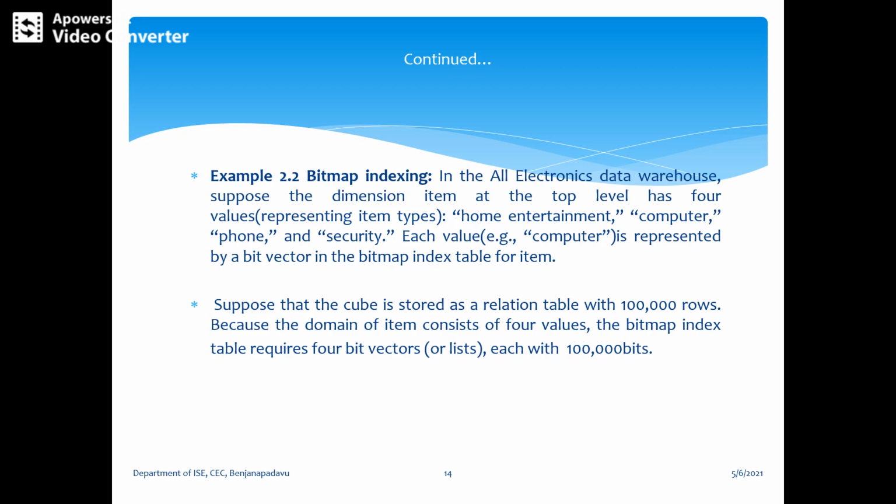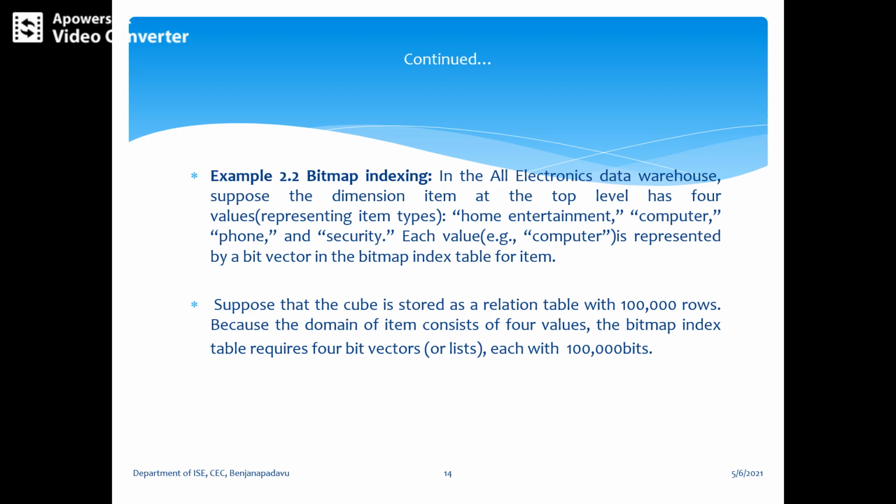Material sales. Suppose that the dimension item at the top level has four values representing the item types: home entertainment, computer, phone, and security. Each value is represented by a bit vector, like a bitmap index in table form.